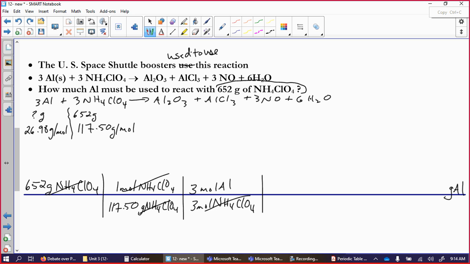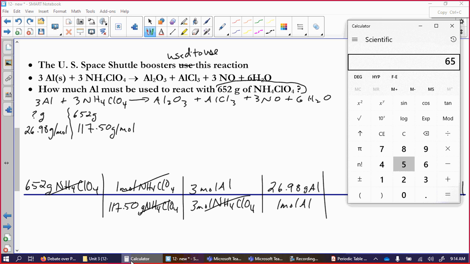Moles and moles go away. I don't want moles of aluminum. That weighs. And then we multiply: 652 divided by 117.5 times 3 divided by 3. If the numbers are the same, that is redundant, but it's still necessary, times 26.98 grams of aluminum.